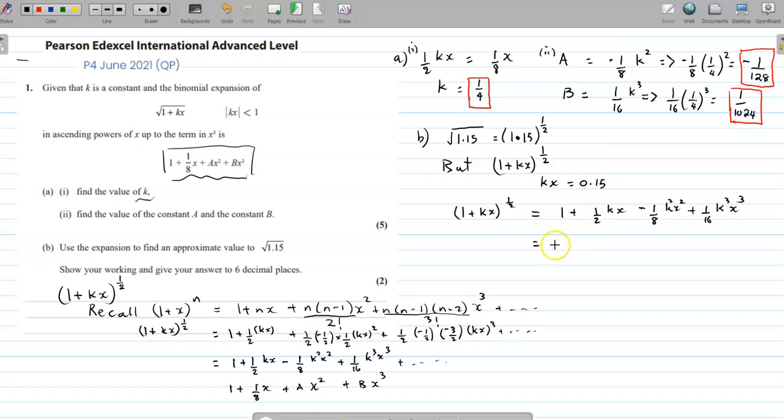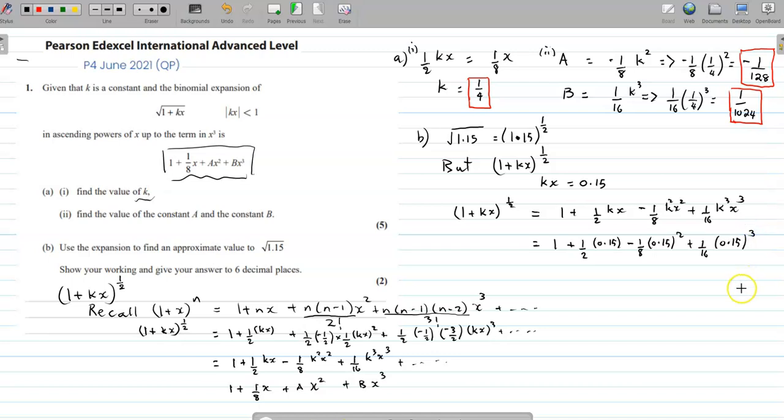What we have is 1 plus a half times 0.15, minus 1/8 times 0.15 squared, plus 1/16 times 0.15 cubed.